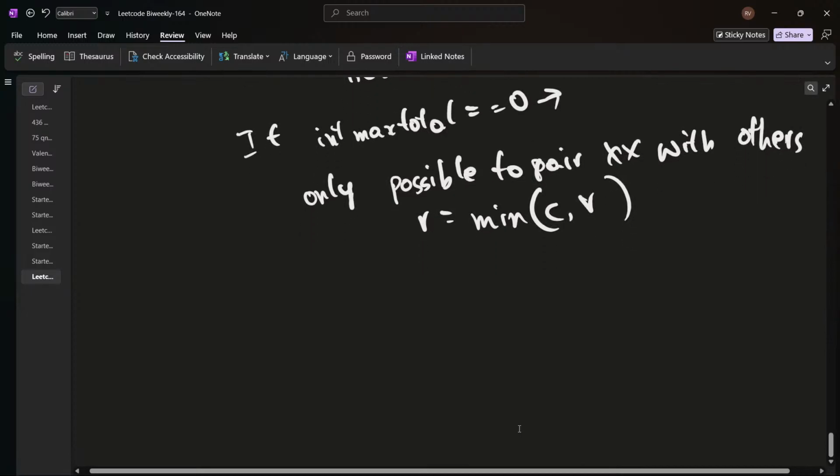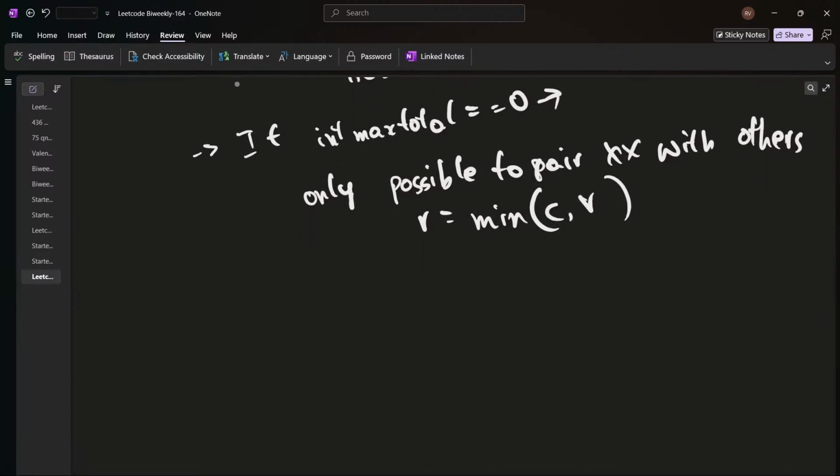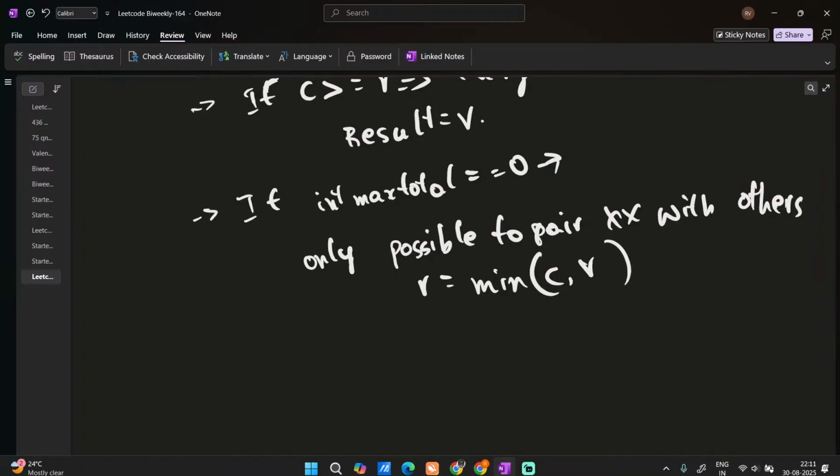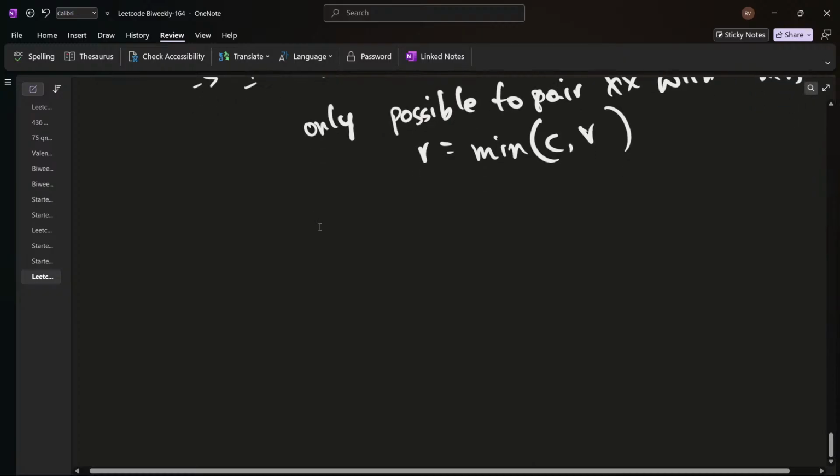Next condition, the third and final condition.